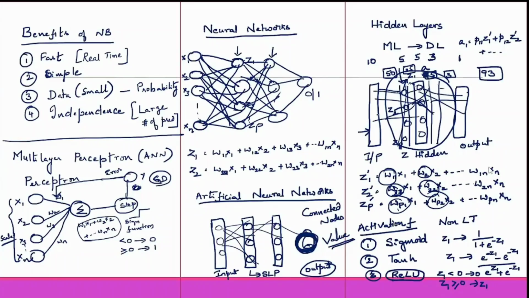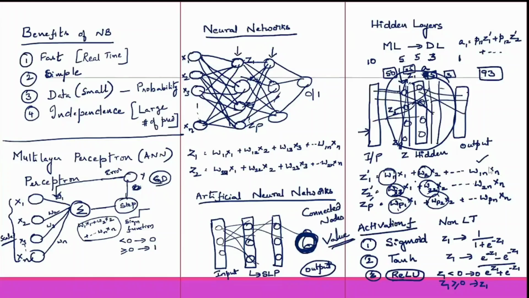Each node has some value, and all of them come together to form a summation. So there is a weighted sum that is happening, and on the weighted sum, an activation function is being applied.